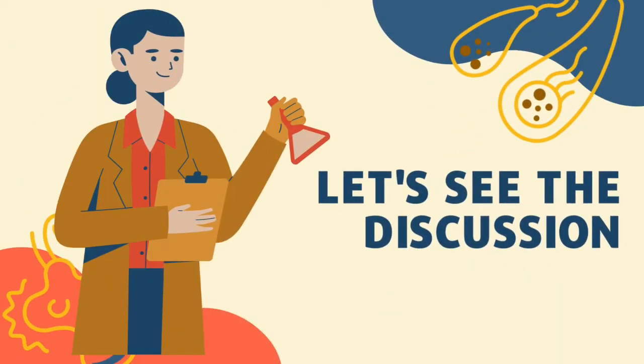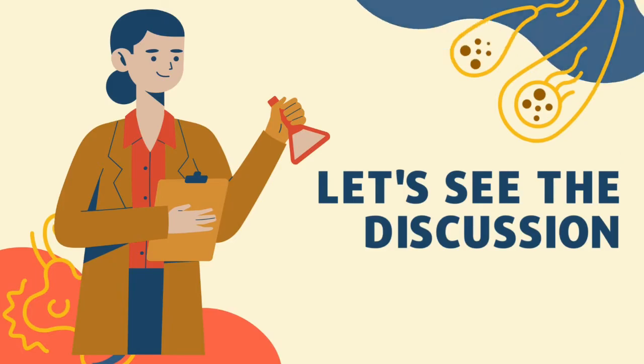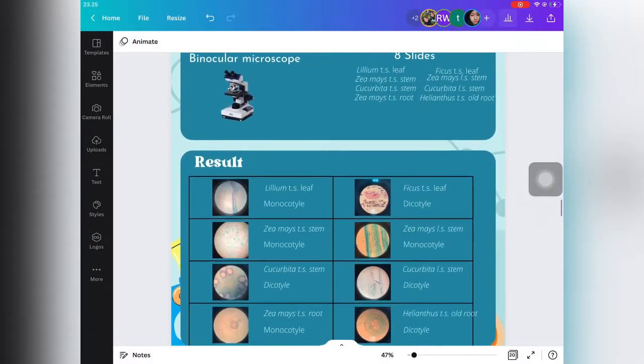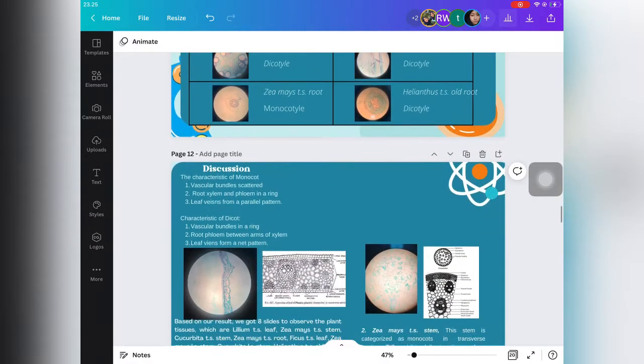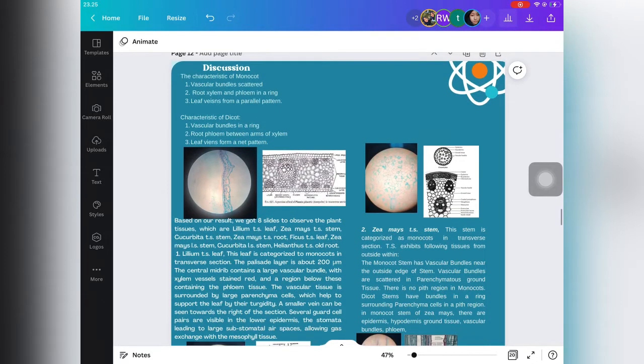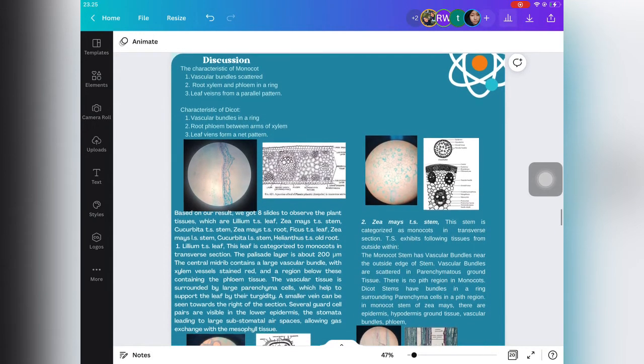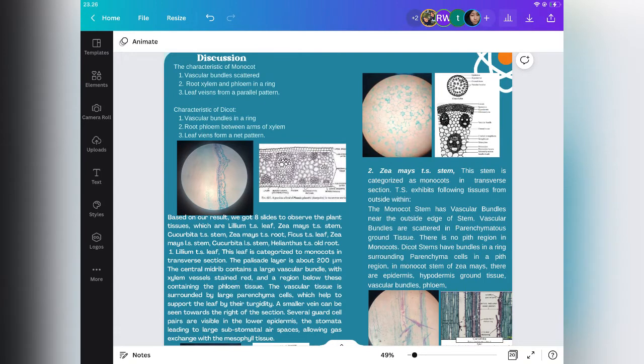Well, let's see the discussion from this lab report. Alright, this is our lab report in Canva. So let's see the discussion. There are some characteristics of monocot and dicot, and based on our research, we have 8 slides. The first is lilium transversal section leaf. This leaf is categorized as monocot in transverse section, and the palisade layer is about 200 nanometers thick.